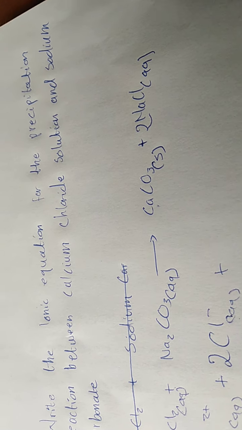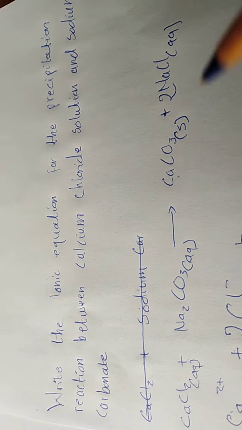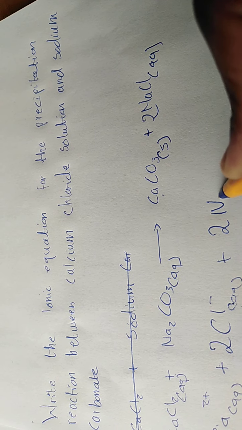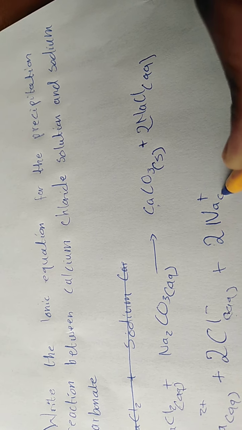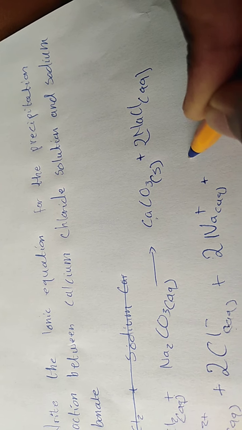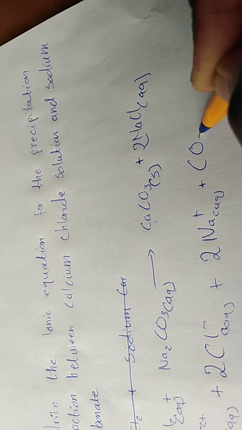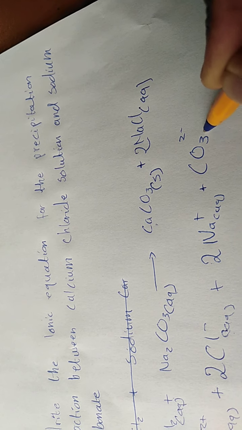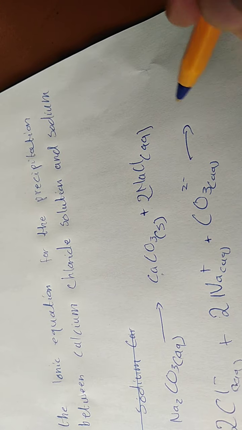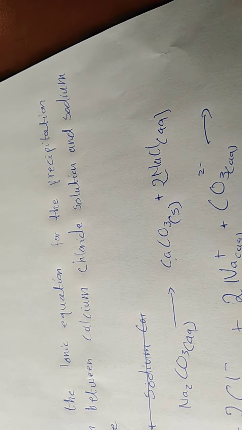Plus, the same thing applies to the sodium ion. It's going to be 2 Na+ aqueous, plus carbonate, CO3 2-, aqueous, which will give you calcium carbonate, which is a solid.